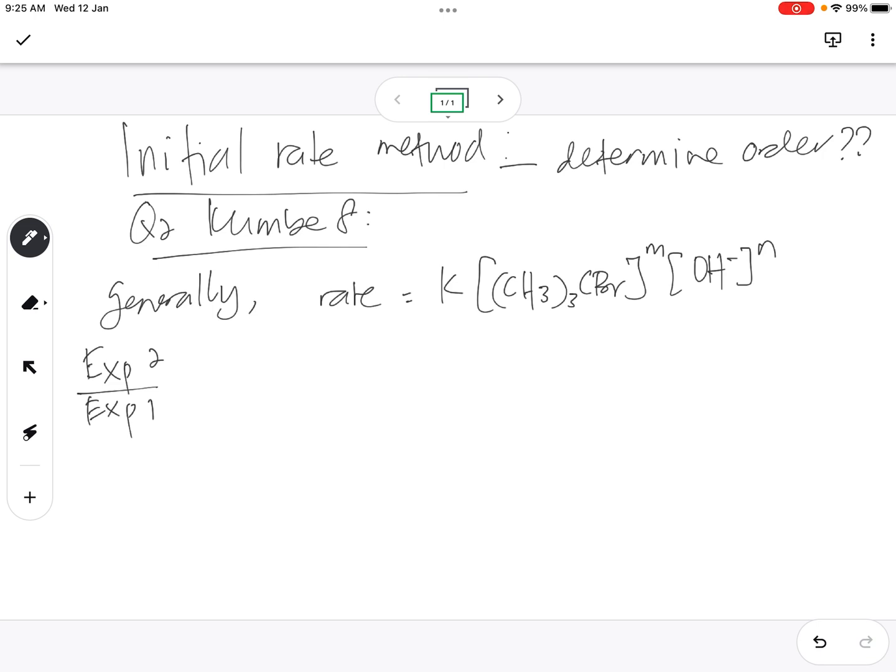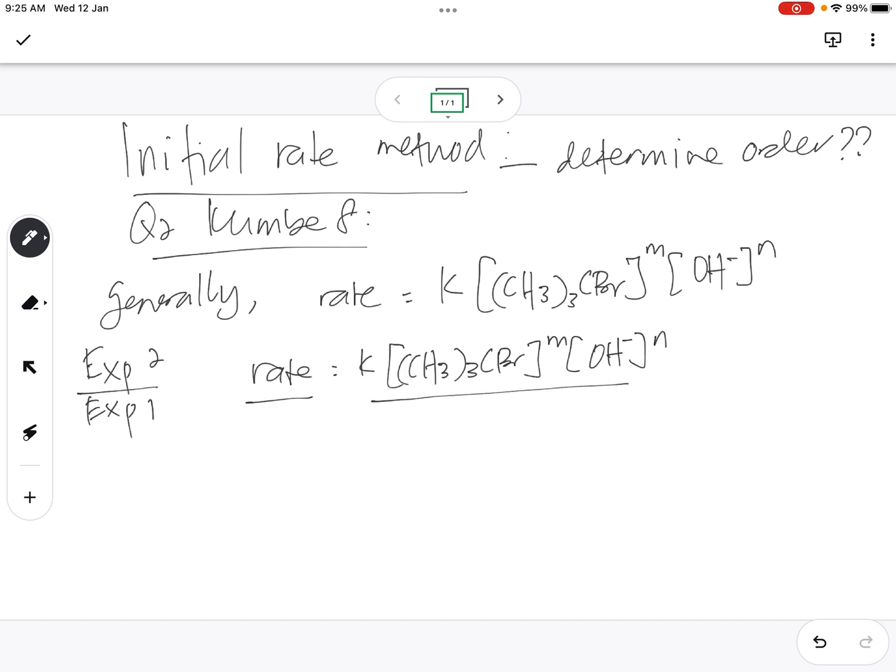For experiment 2, we write generally rate equals k (CH3)3CBr to the power m, OH negative to the power n, divided by the same for experiment 1. Then we substitute all the values into this formula.